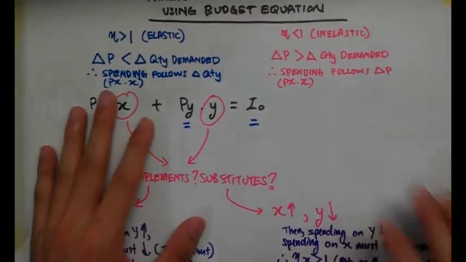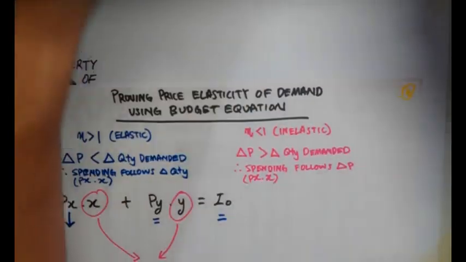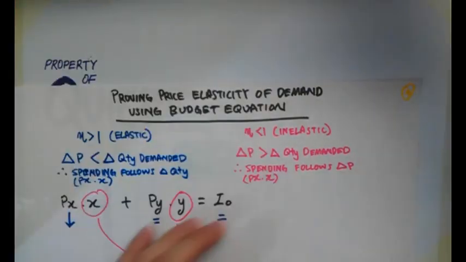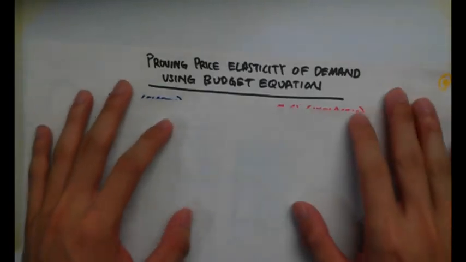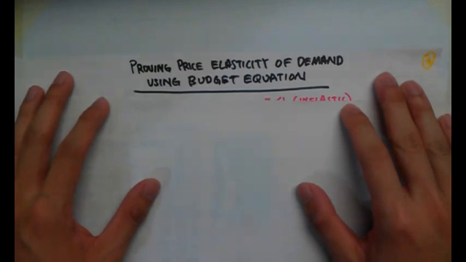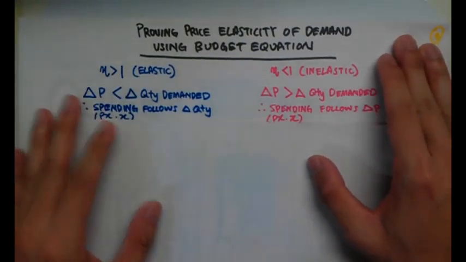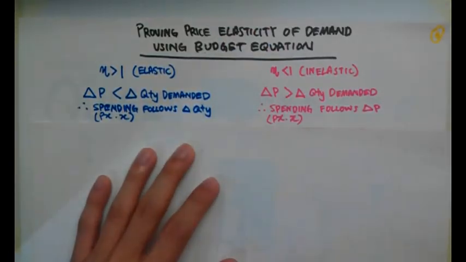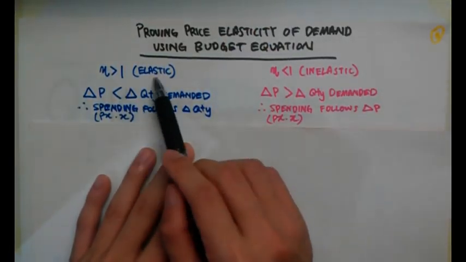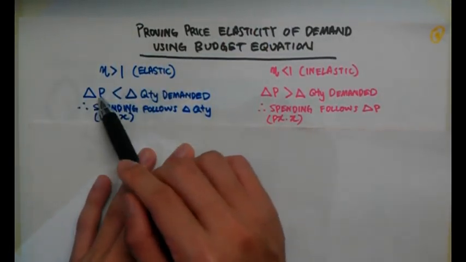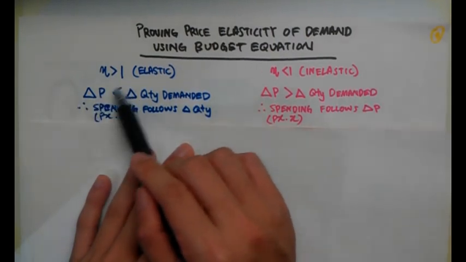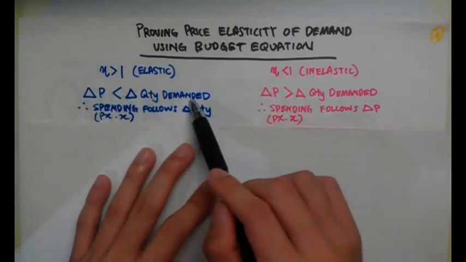Next, the last thing before we go on to income in kind, we will now attempt to prove price elasticity of demand using the budget constraint. Take note that if the demand is elastic, that means the change in price is lesser than the change in quantity demanded.